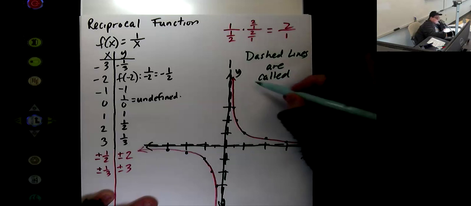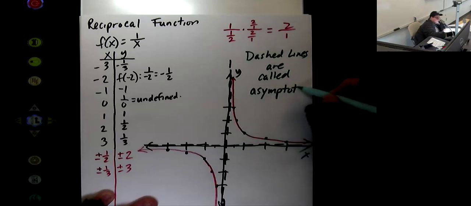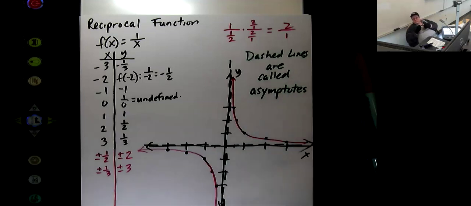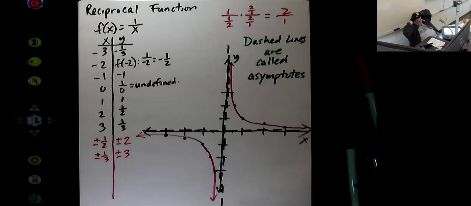Asymptotes. Asymptotes. The asymptotes represent that it's getting close to the line, but it's never touching it.